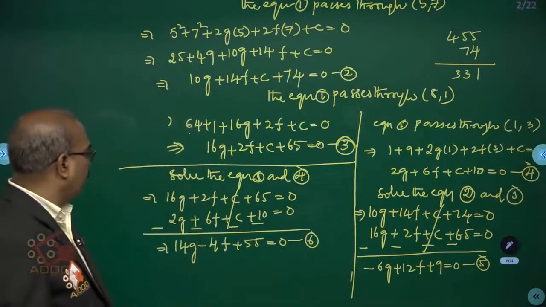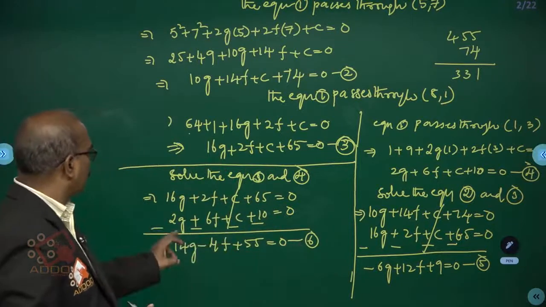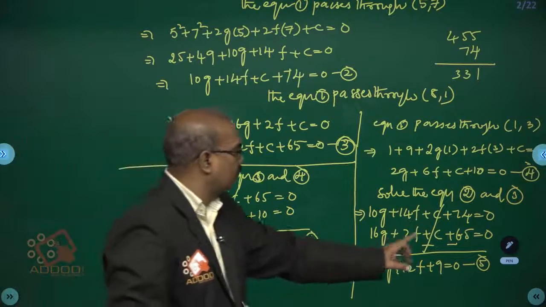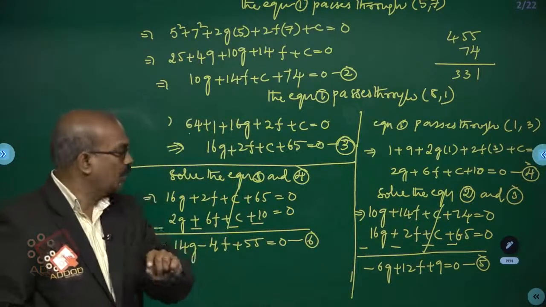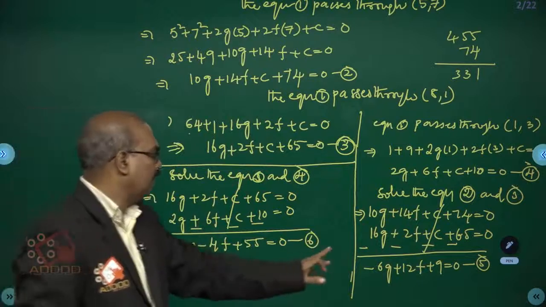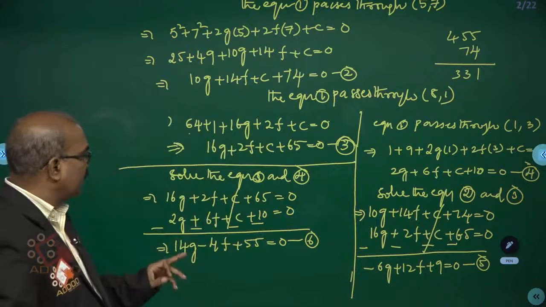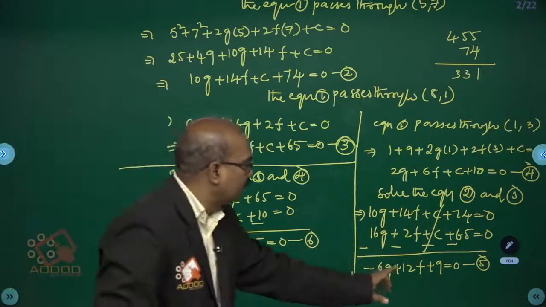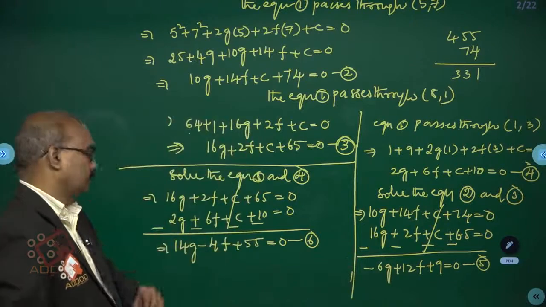Now when we solve equation 6 and 5, we get either the g value or the f value. So to get the g value, let me multiply equation 6 by 3.